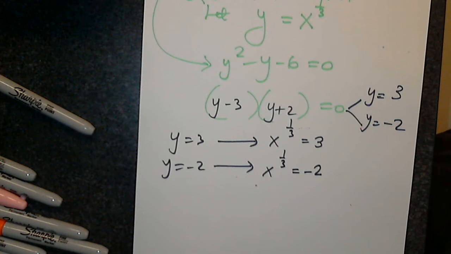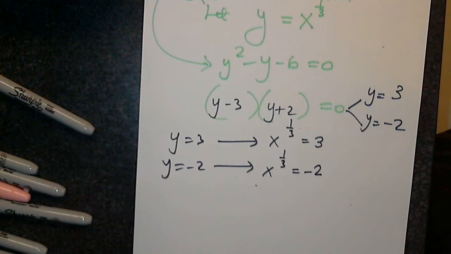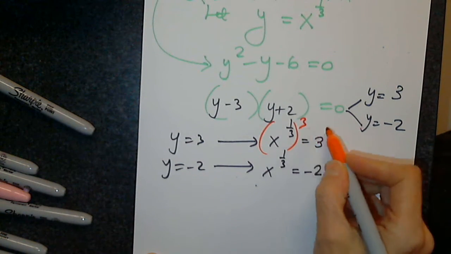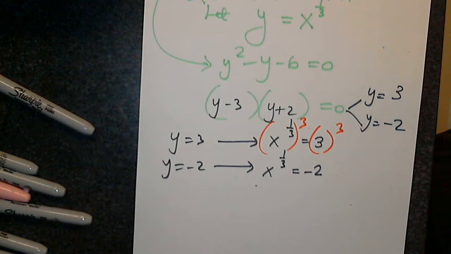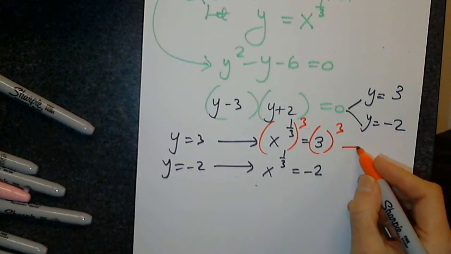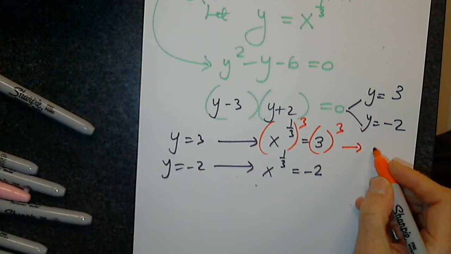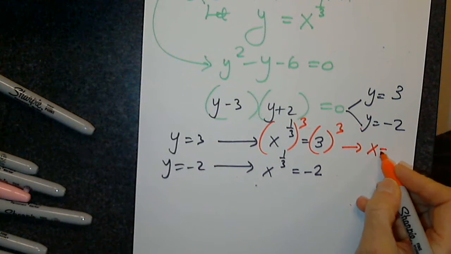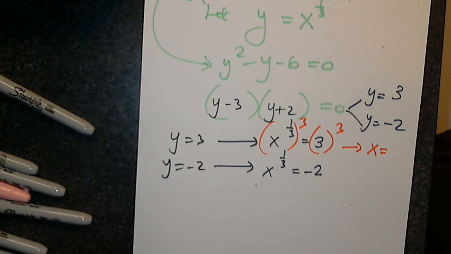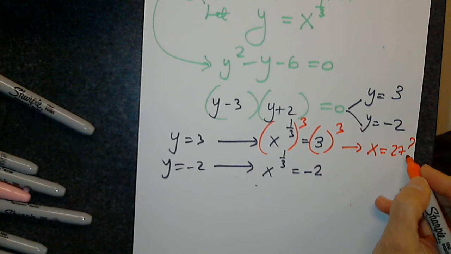Very good. What should we do to both sides of the first equation in order to get x? The left-hand side is? Perfect. The right-hand side is? Very good. And remember, it comes with a question mark.